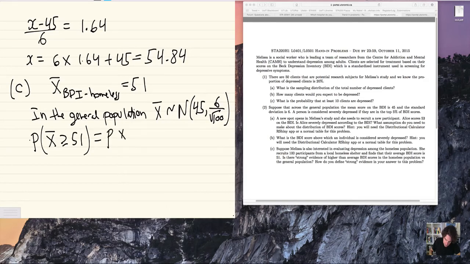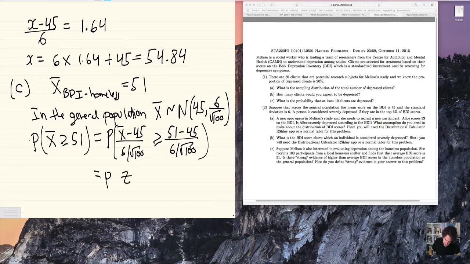So the probability that (X bar minus 45) divided by (6 over square root 100) is greater than or equal to (51 minus 45) divided by (6 over square root 100). That's just the probability that Z is greater than or equal to 10. And I don't need a distribution calculator or a table to know that the probability that Z is greater than or equal to 10 is roughly 0.